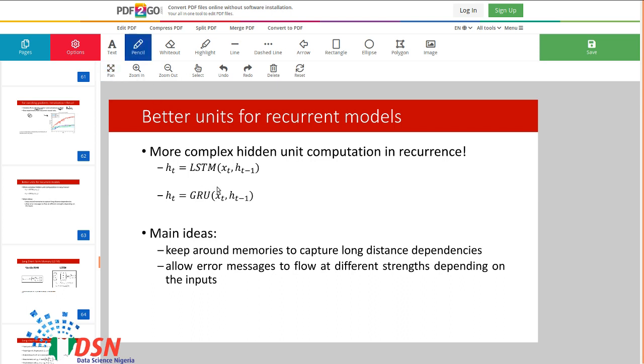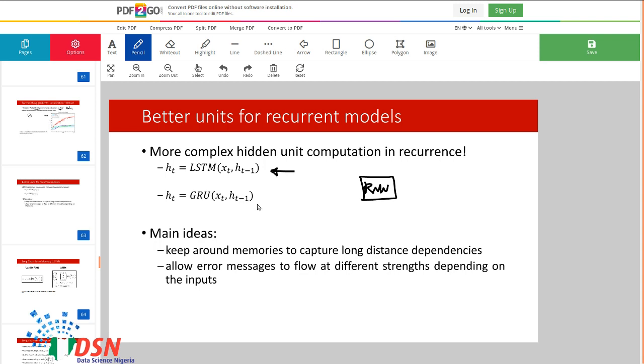But another solution is to use other hidden units to compute the output. So instead of having a simple RNN, we want to use other units.